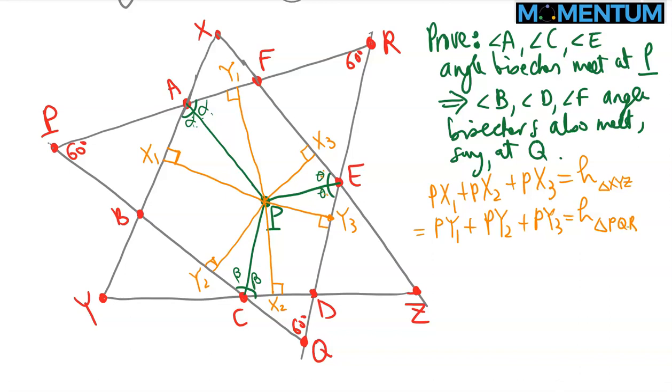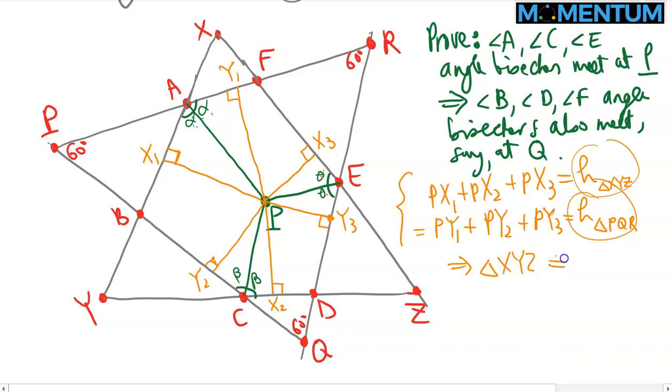Not only by angle chasing we have proven that, but now using Viviani's theorem, we are also saying that these two equilateral triangles are actually the same size. Do you guys see that? This is just the same size triangles. So wow, that's fantastic actually. All right, so this implies, let's do the final touch, XYZ is congruent to triangle PQR.